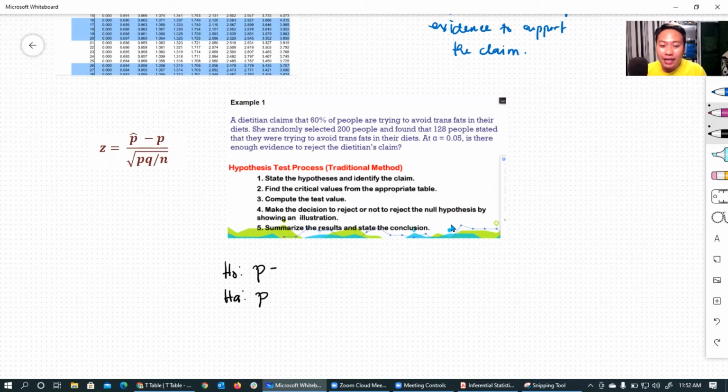So the P would still be no difference. It's the same thing, 60%. You can write 0.60 or you can write P equals 60%. They're just the same thing, okay? What's our alternative hypothesis?